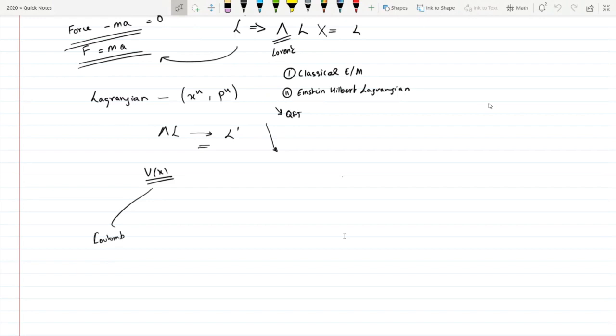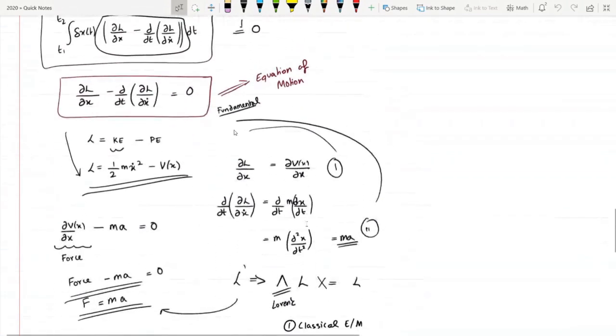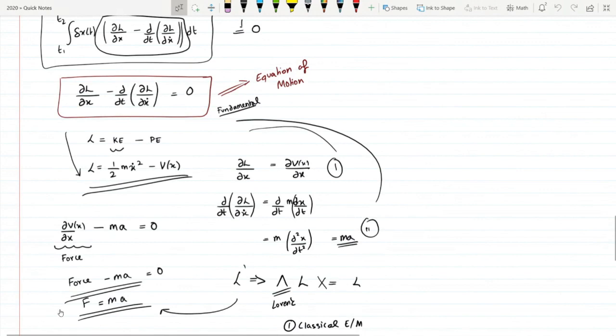From this, you can even get the simple harmonic oscillator. From this, you can get Kepler's laws as well. All of this comes from our Euler-Lagrange equations, just with the choice of what this potential is. Does anyone have any questions? Any questions?